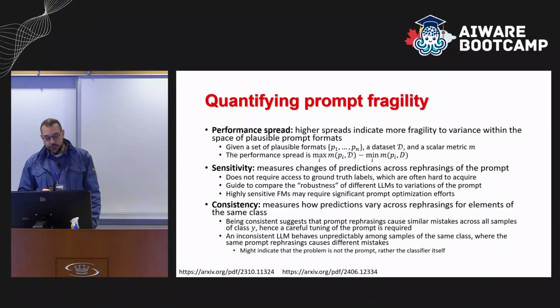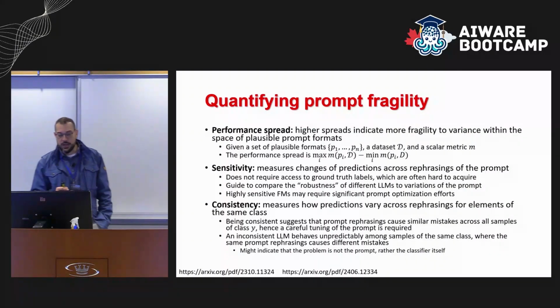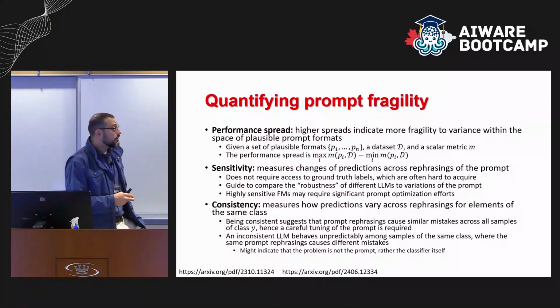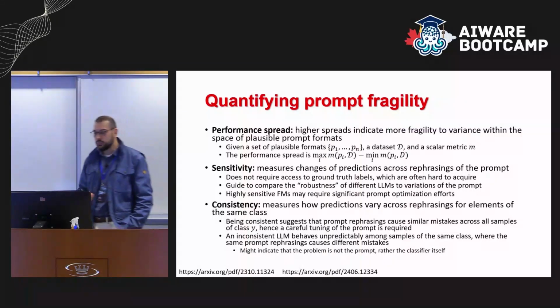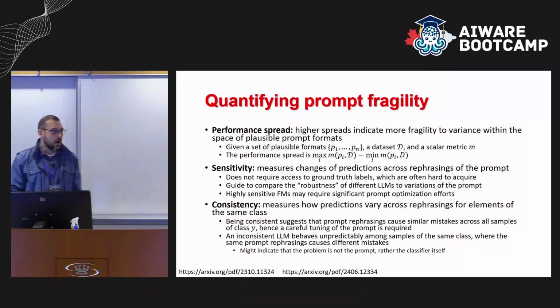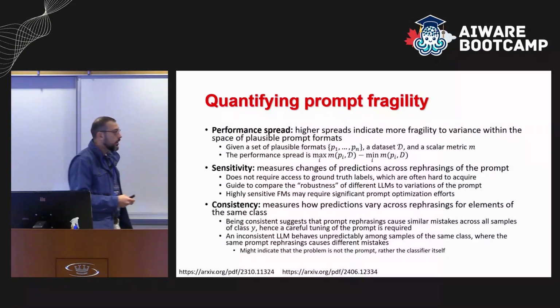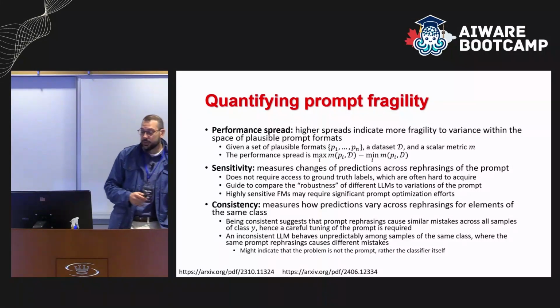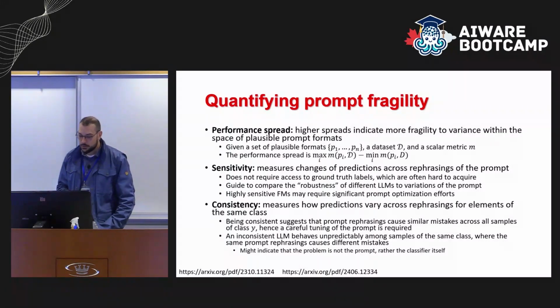We also have two papers that try to quantify this prompt fragility. They give us some metrics to evaluate how a model behaves in terms of fragility of the prompts. The first is called performance spread. It's very simple.